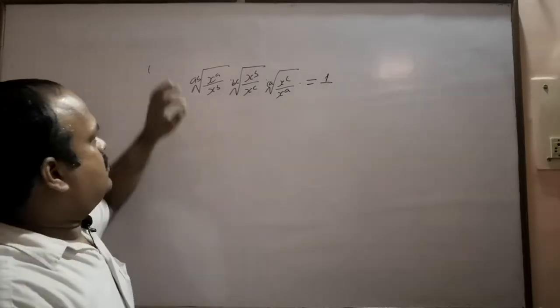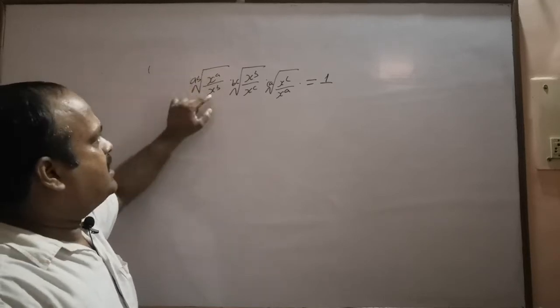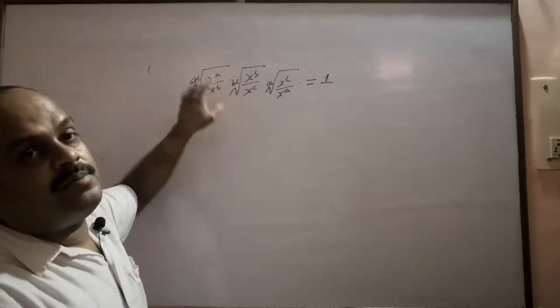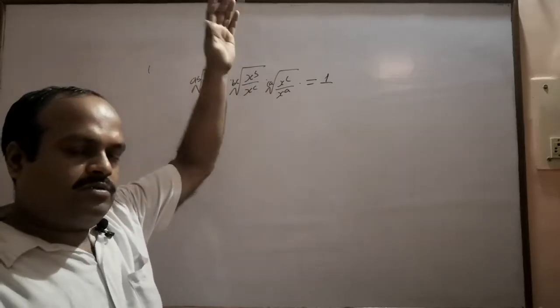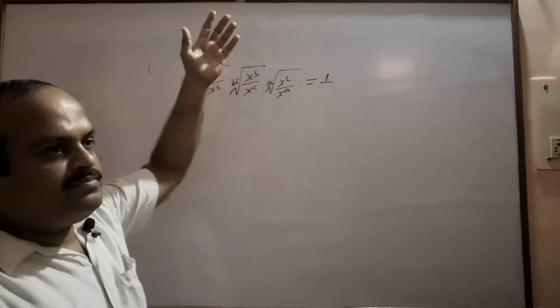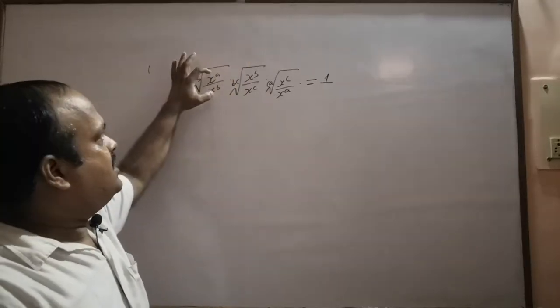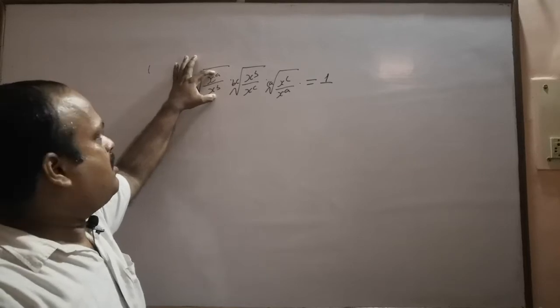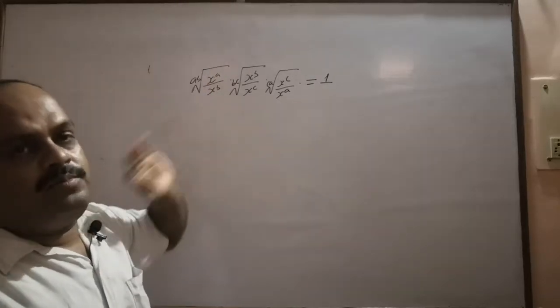So this fraction x to the power a upon x to the power b has the power, this surd can be changed to exponential form. So this will be converted to this base x to the power a upon x to the power b raised to 1 by b.